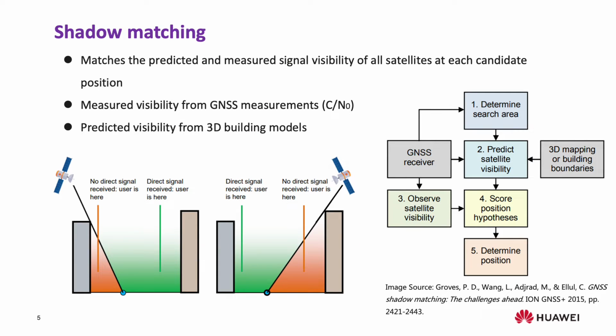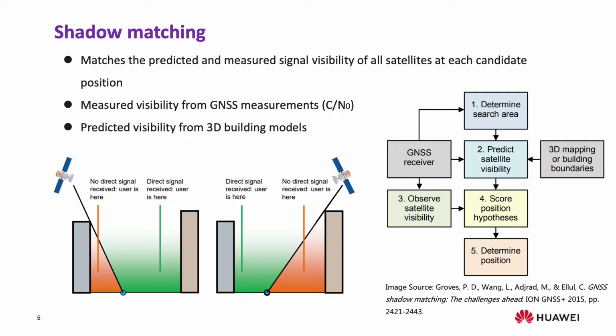The shadow matching algorithm has been developed to improve urban positioning based on the signal visibility, whether a satellite signal is a line of sight or non-line of sight signal. The basic idea of shadow matching is to match the signal visibility from 2 aspects.